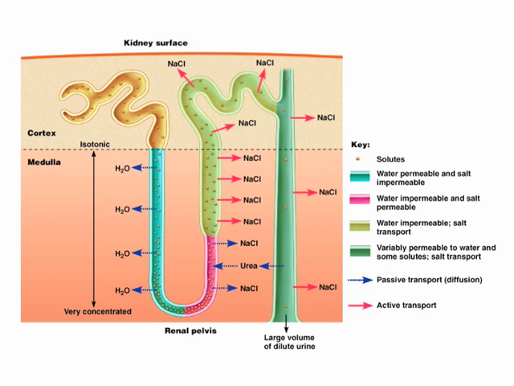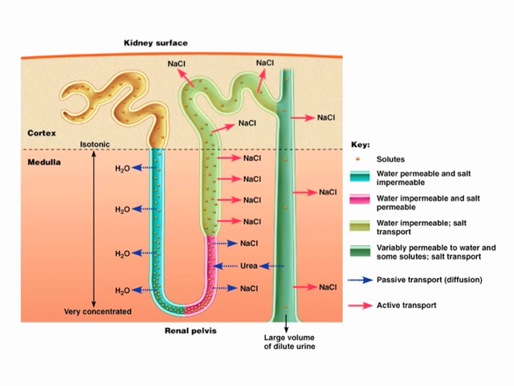So as we move from the isotonic area at the junction of the cortex and the medulla, down inside that tubule, you can see that the filtrate inside that tubule gets more and more concentrated by pulling out the water. Now, on the flip side, as we move up the ascending limb, it's impermeable to water, so all the water stays in, and we pump that sodium chloride out. As we move the sodium chloride out of the ascending limb of the loop of Henle, we once again approach an isotonic situation, and the urine is going to become more dilute again.